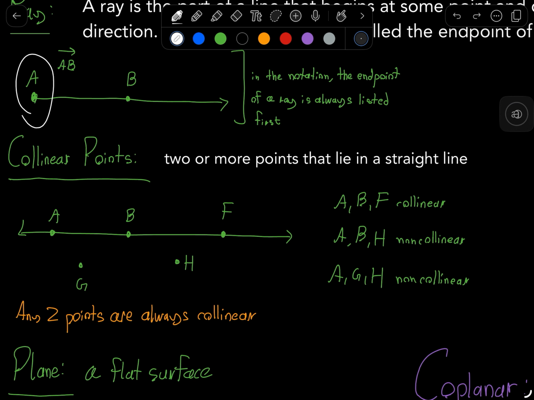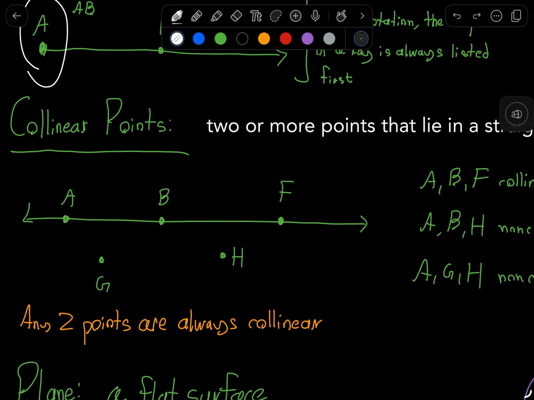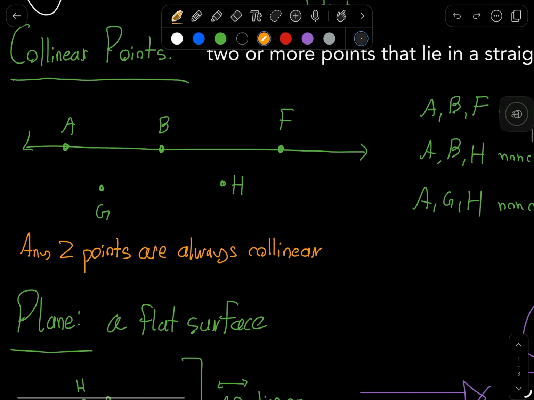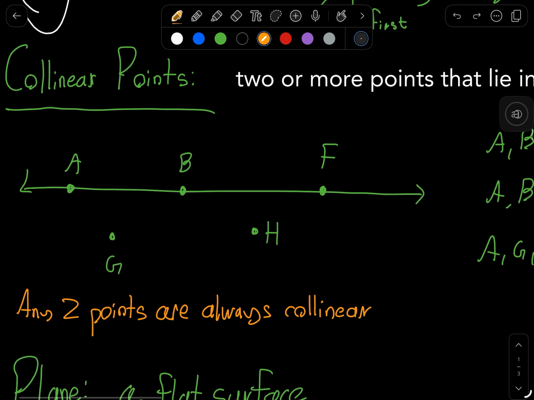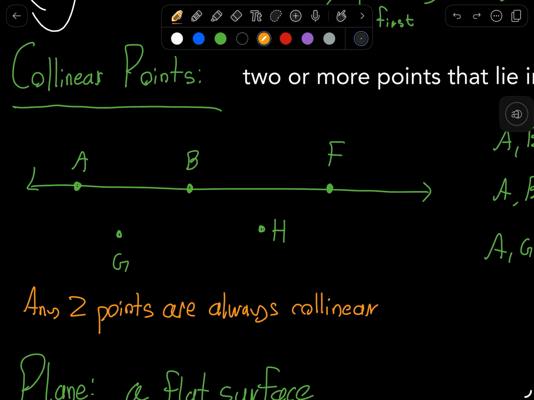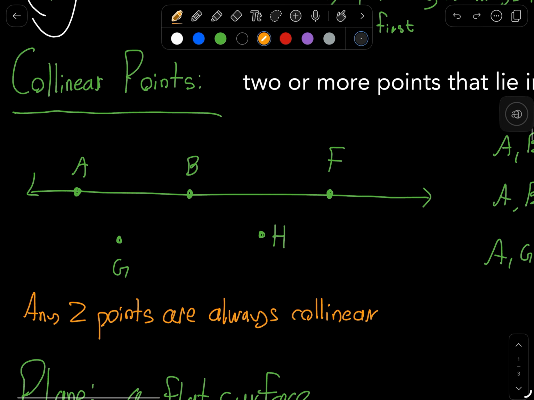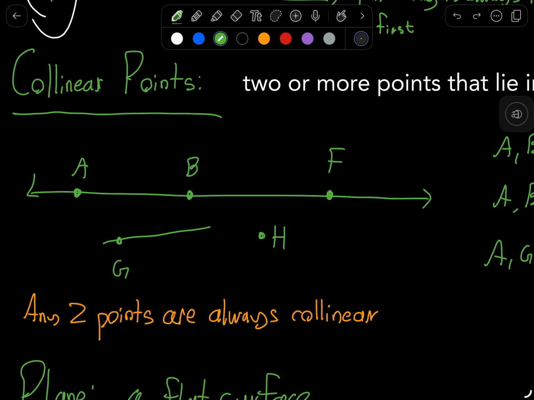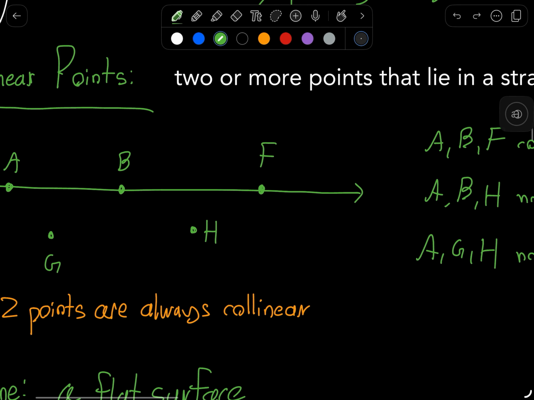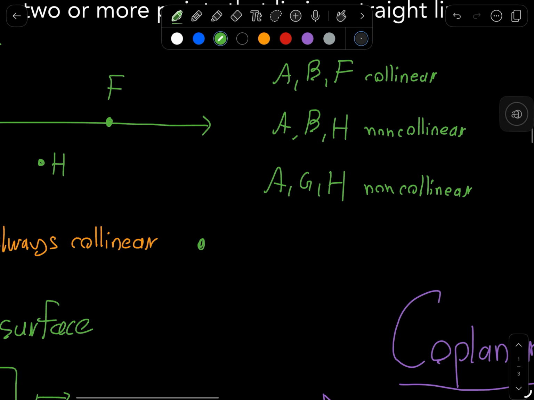But a really important fact to know for collinearity of points is that any two points are always collinear. In other words, if you have two points, you can always draw a line between them. It doesn't matter how they're oriented.